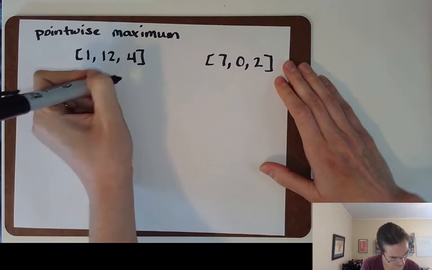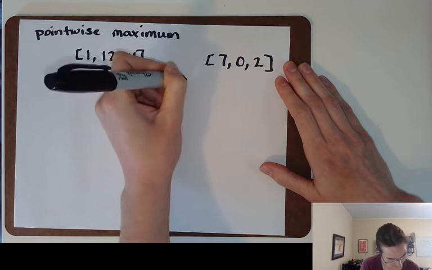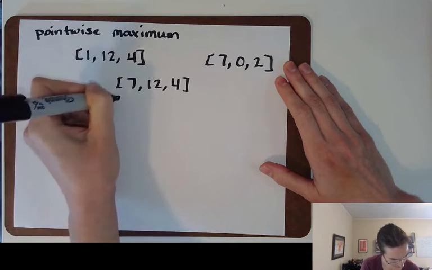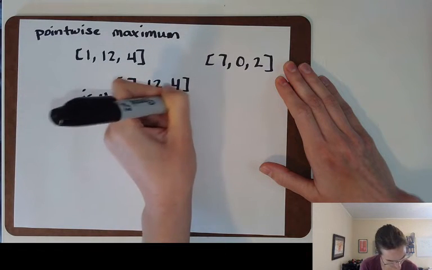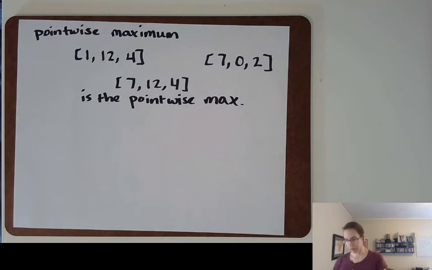Yeah, that's right. So we should get something like 7, 12, 4. Okay, good. All right. Now, how do we know when one vector clock is less than another?